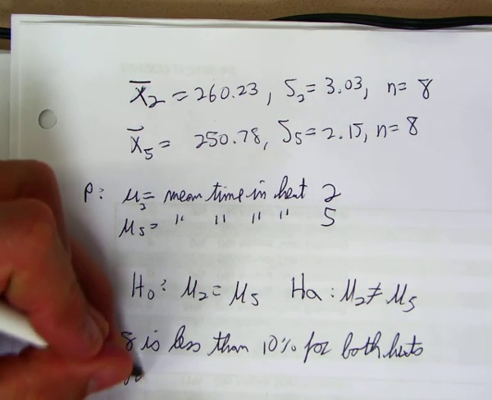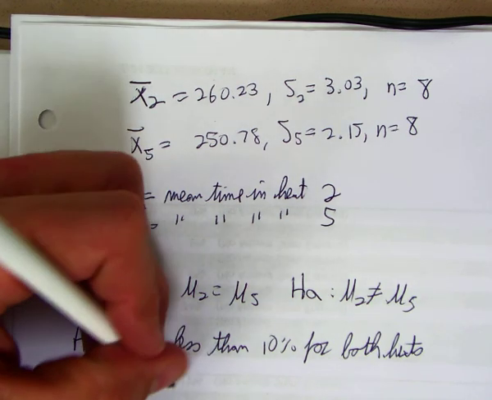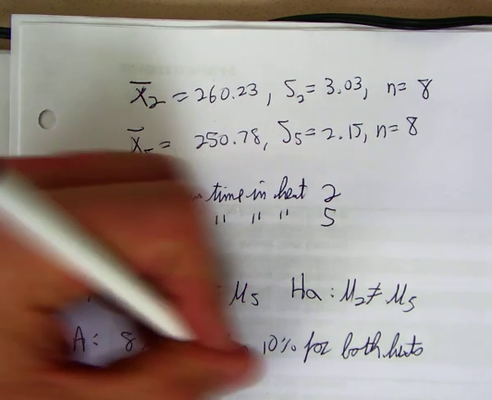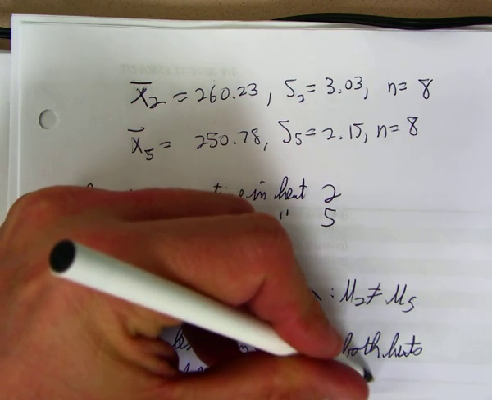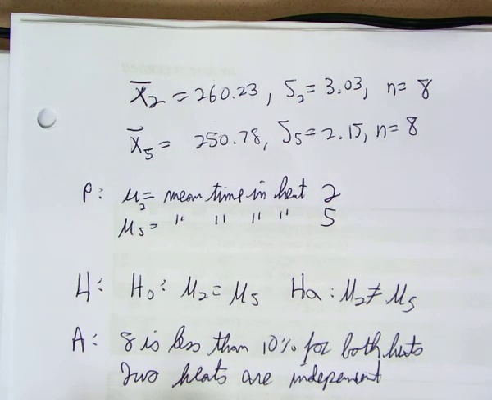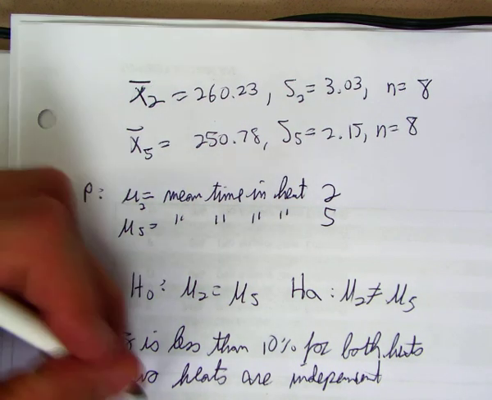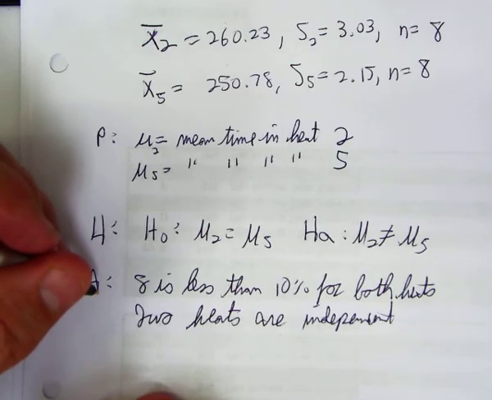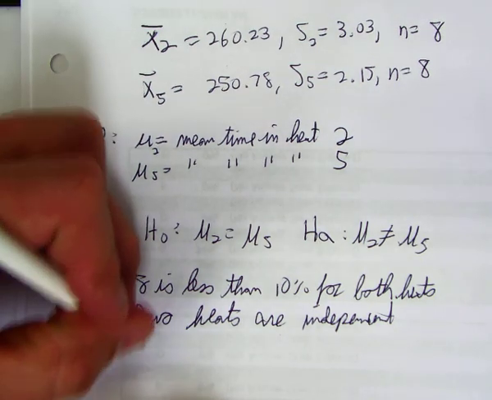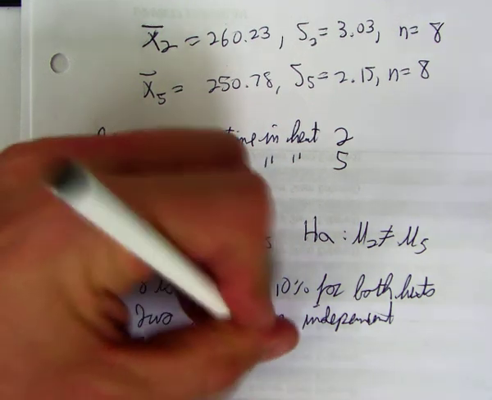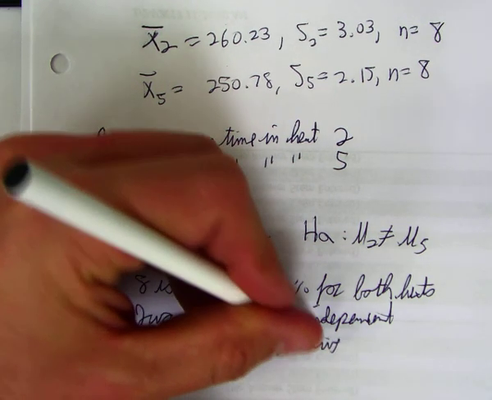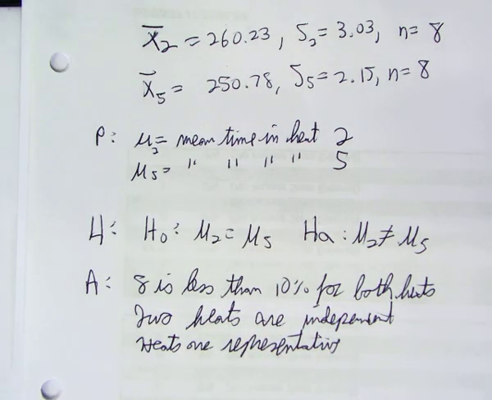The two heats are independent. The heats were not randomly chosen, so we're going to assume that the heats are representative. And then the last thing we have to do is the normal condition, right?